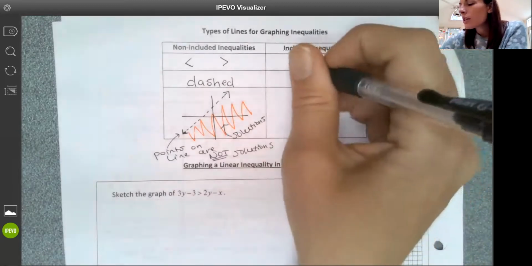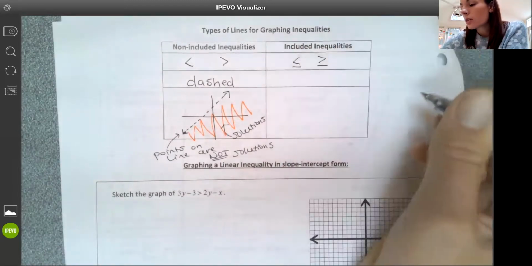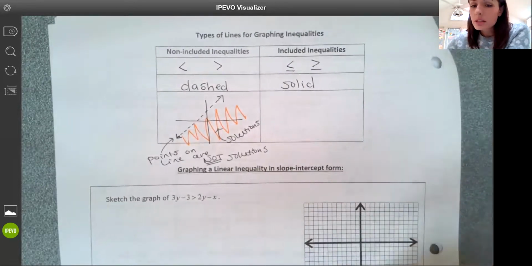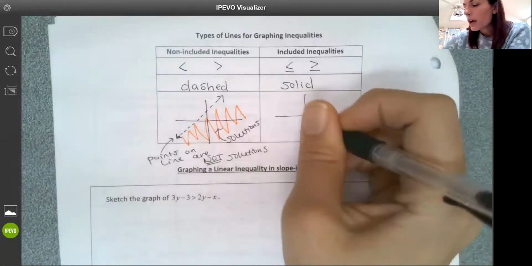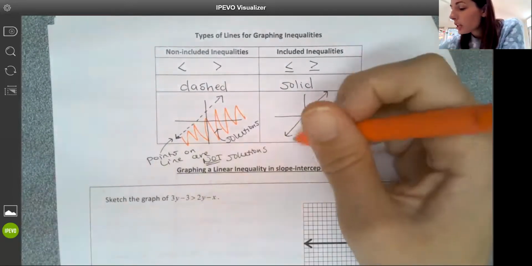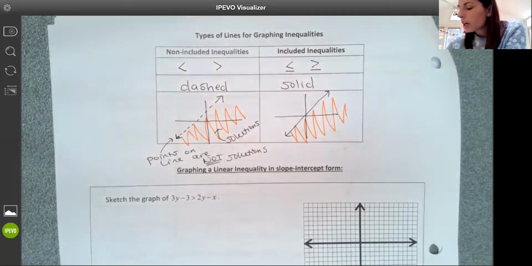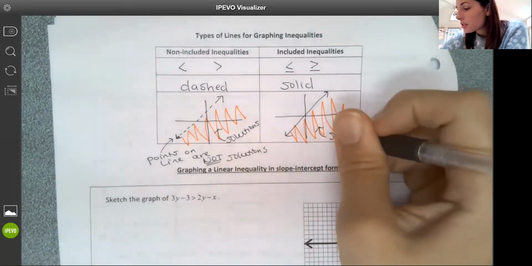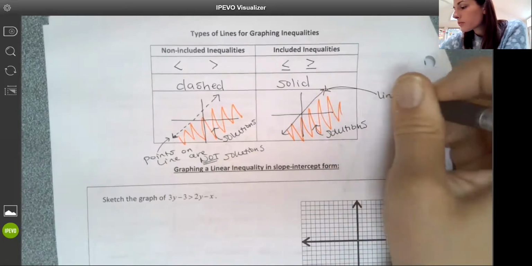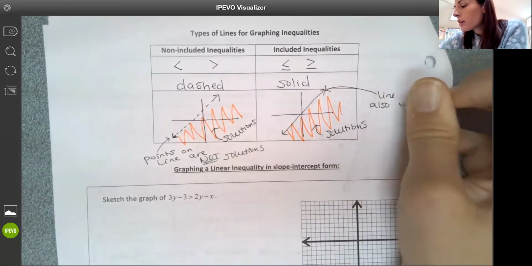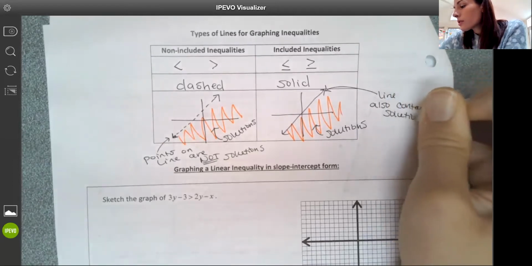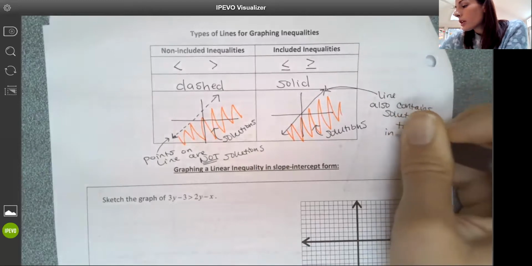If I have an inequality that's less than or equal to, greater than or equal to, that's when we draw, as we did on the first example, a solid line. So here's my graph. Here's a solid line. And I'm going to have still some shading on one half or the other. And when I have a solid line, then still these are solutions wherever I've shaded, but my line also contains solutions to the inequality.